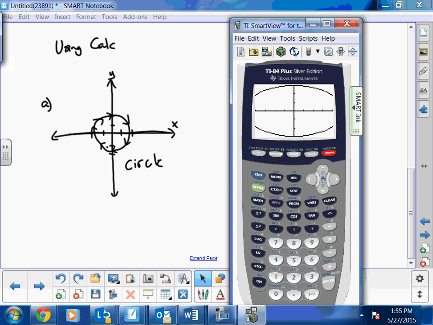Oh wow, this is going to be an ellipse, stretching further than what my window is. So let's go ahead and change my window, especially my x. Let's make this into -6 and 6. Change this to -5 and 5. Let's go back to graph. It's a good looking graph right there as far as what's happened. This is definitely an ellipse.